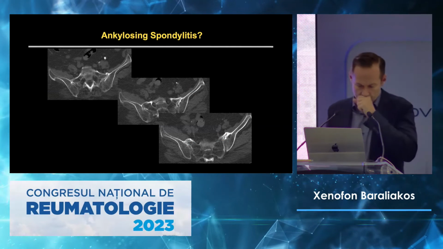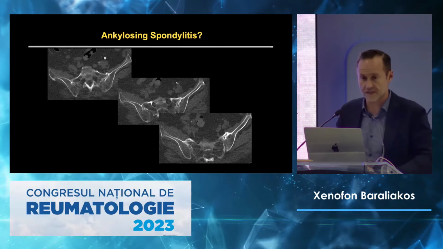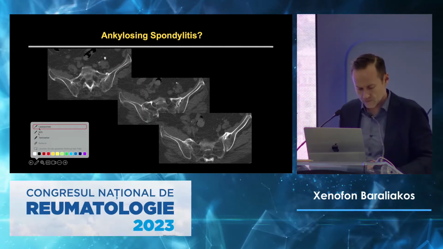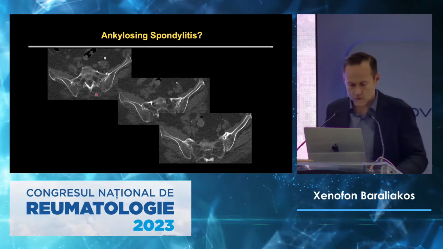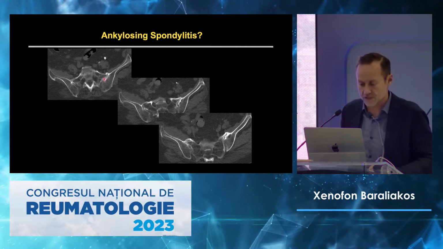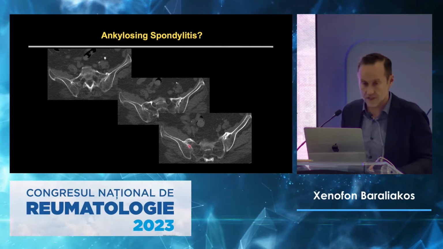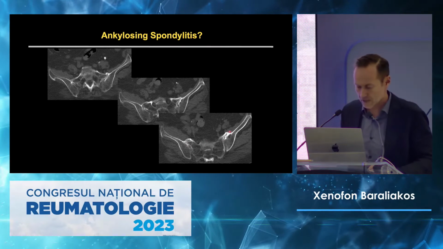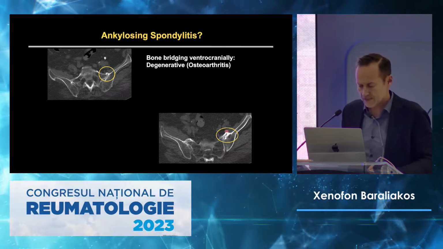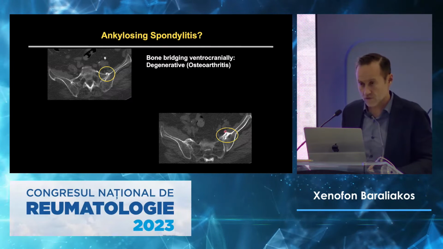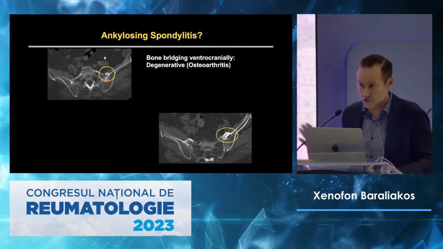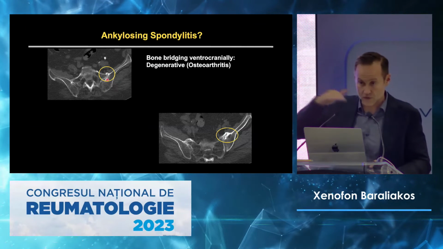Now we have three different slices of a CT of a patient. And what we see is that there are differences in the joints. The joint is ankylosed. The capsule is ankylosed. This is a typical finding of osteoarthritis, a typical finding of degenerative change because it's really a round shape, it's not straight.